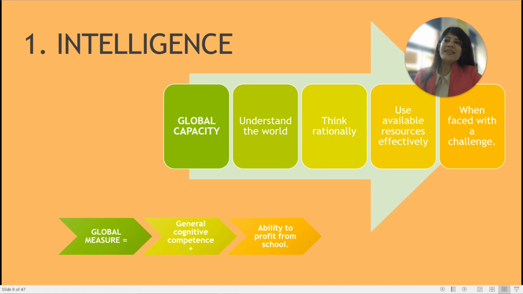Is intelligence that global capacity that is helping you to solve so many problems in such a meaningful way? Think about this, because it becomes a global measure for you to look at anyone and tell whether they're utilizing all of those cognitive competencies that they have, and whether they're really profiting from whatever they've used so far from their life and from school.